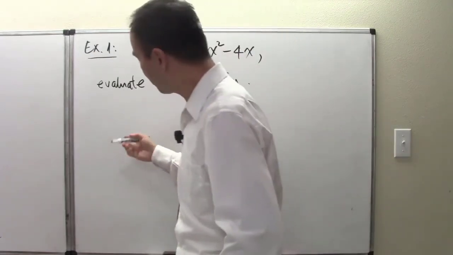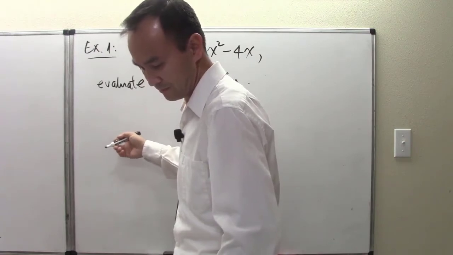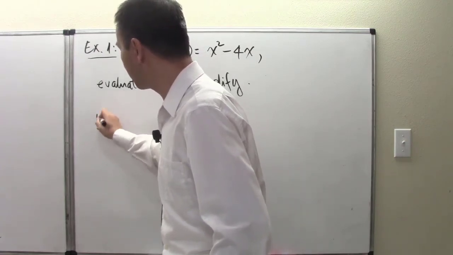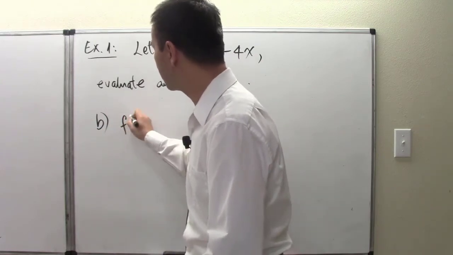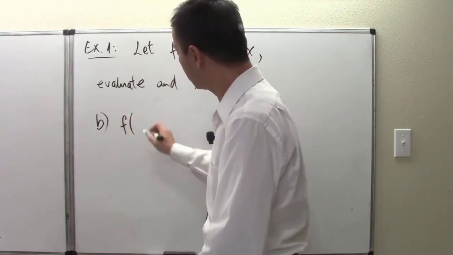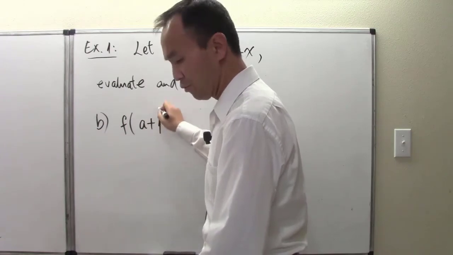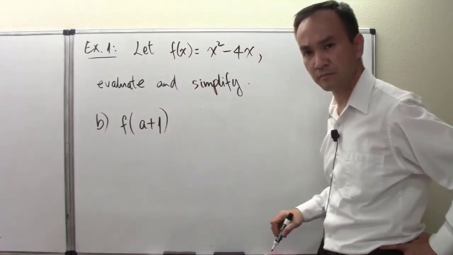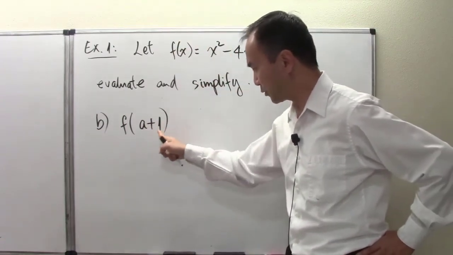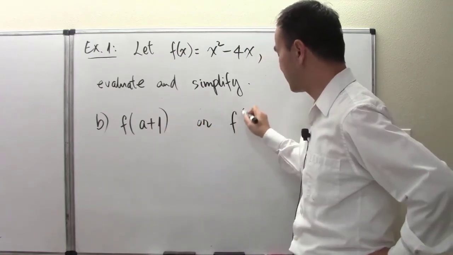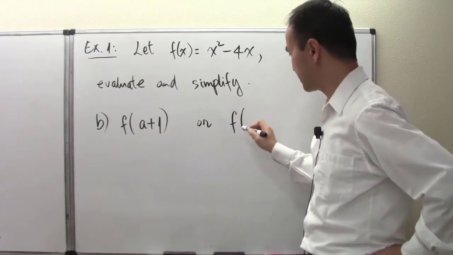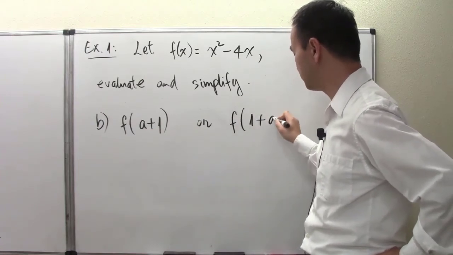So what about part B right here? We are looking at f of a plus 1. Notice that a plus 1 is the same as 1 plus a, so sometimes the problem can be written as f of 1 plus a.